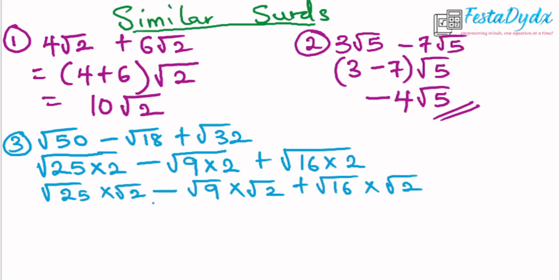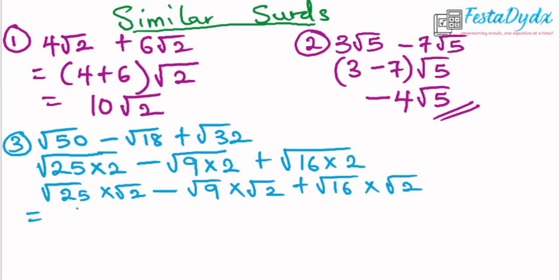This is from the rule of surds, whereby if we multiply numbers under the same surd, when we split them and multiply them, they are also the same thing. So root 25 times 2 is still the same as root 25 times root 2. So now let's continue. This is equal to root 25, which is the same as 5.